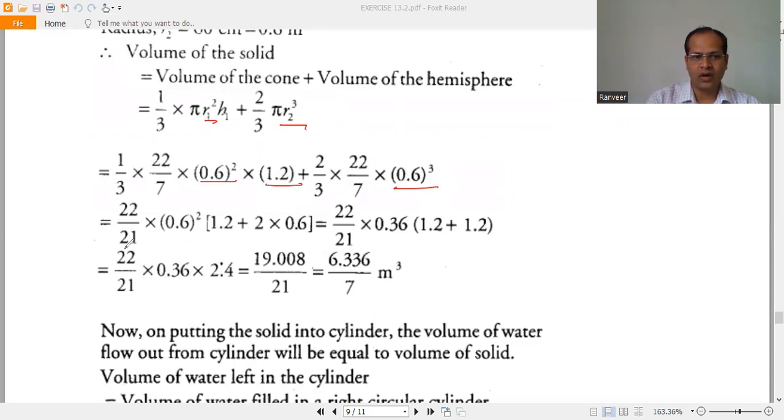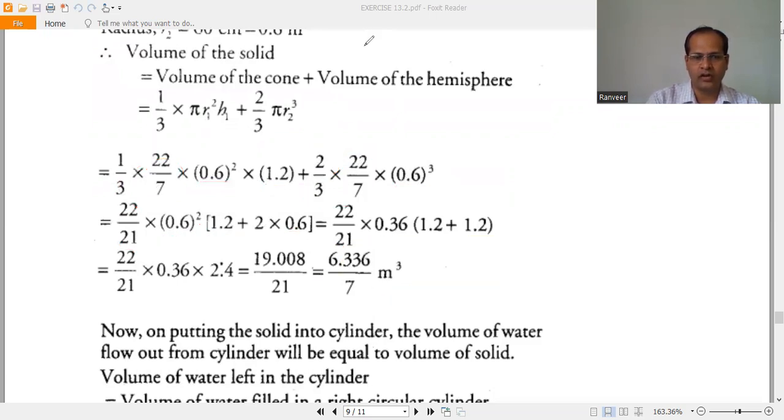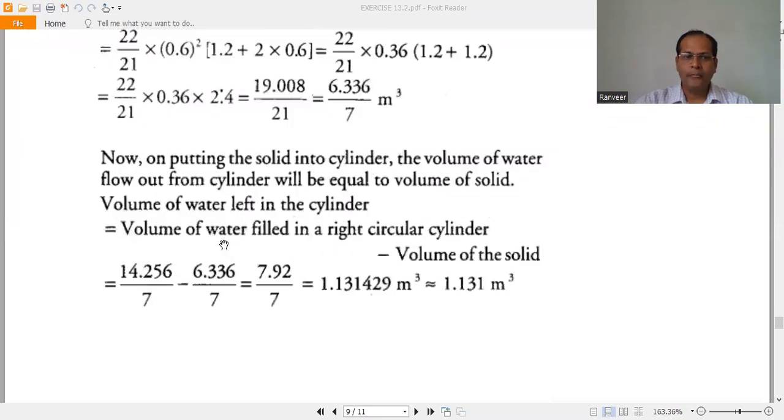First of all, the common values, that is 22/21 and 0.6 whole square, we take out, and this is the value. After calculation, we got this as the total volume of the solid. Now putting the solid into the cylinder, the volume of water flowing out of the cylinder will be equal to the volume of the solid.